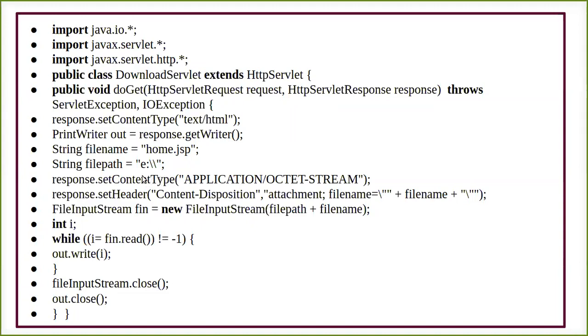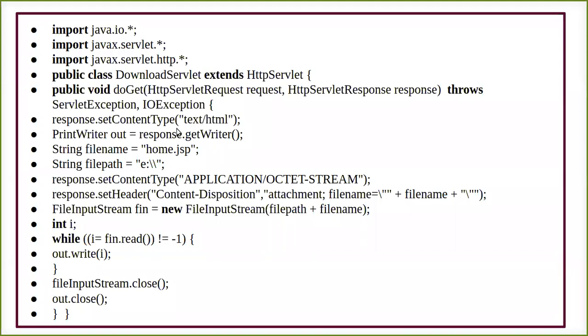So we have decided the content type. As I told you, we have to define the content type. We have defined the content type for the client, in which form the client is going to see the contents, or after downloading the file, in which form it is going to be seen. It is not in binary or encrypted format, so the client is able to see that.